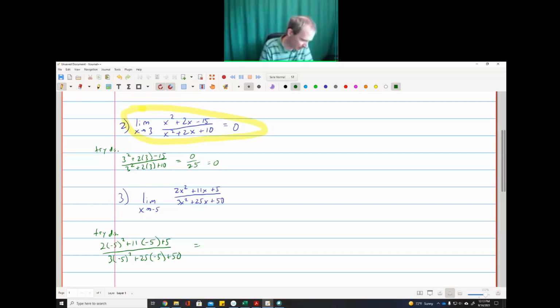One of the things that you want to be careful with on your calculator when you're plugging something like this in, see if I can show you. Just want to be careful with negatives.